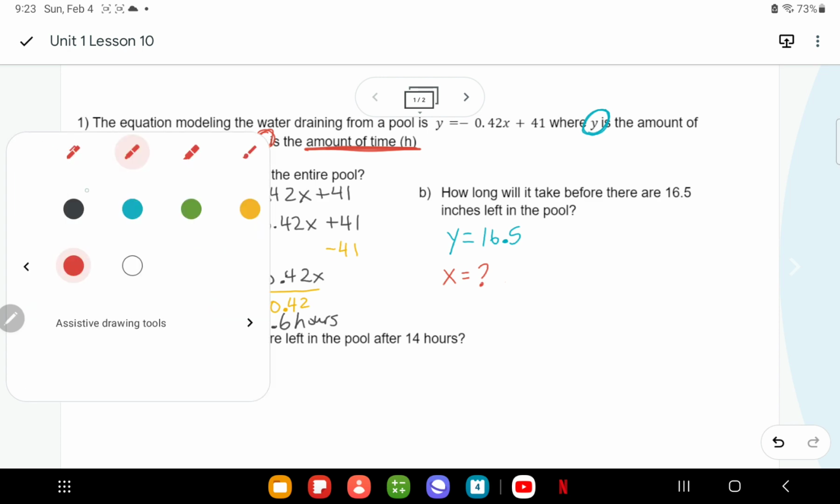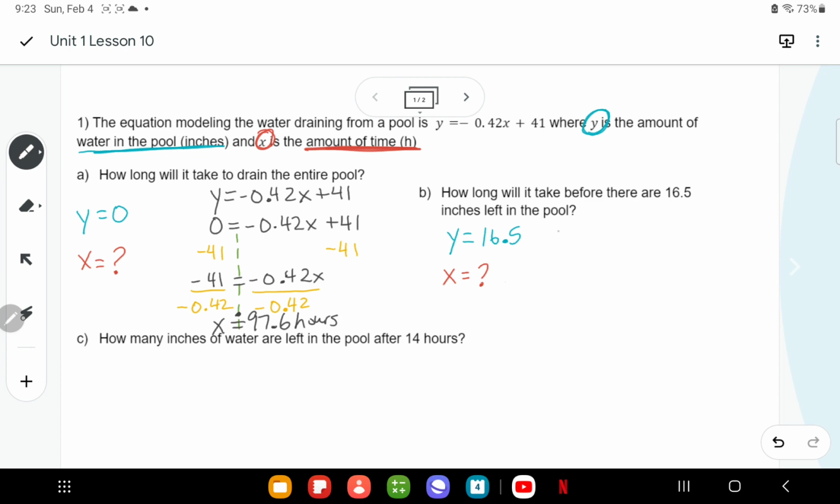And this is going to go the same way as the other one did. We're going to write out our equation. Y equals negative 0.42x plus 41. And I'm going to put this 16.5, that's what my y is equal to. Then we're going to solve this equation just like when we solved the last one.